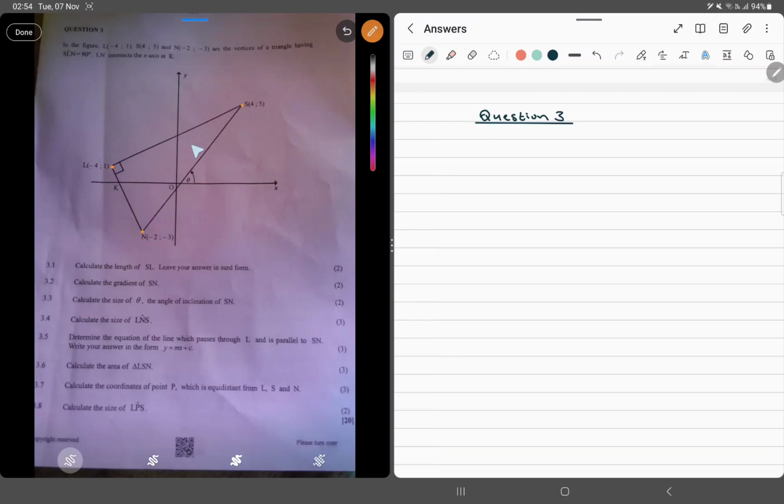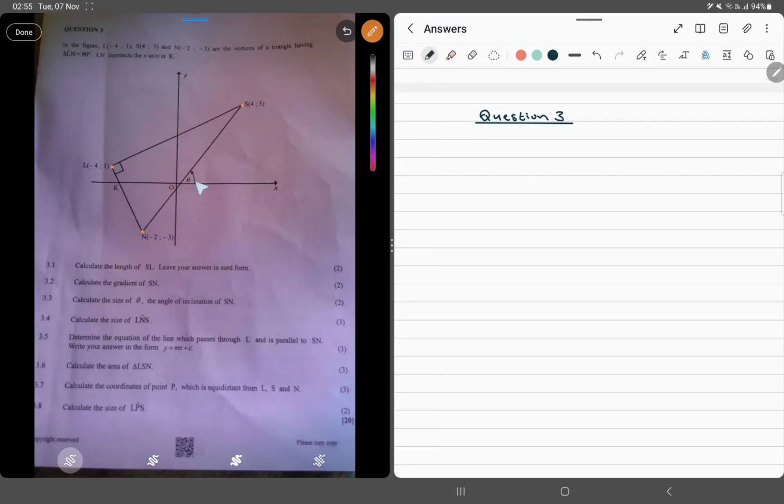And from the equation of the line, we can work out the y-intercept. Now SN, we've got 2 points. We can find the gradient. From the gradient, we can find the angle of inclination, theta. And from the gradient together with any one of these points, we can work out the equation of this line. From that equation, we can find the x-intercept as well as the y-intercept.